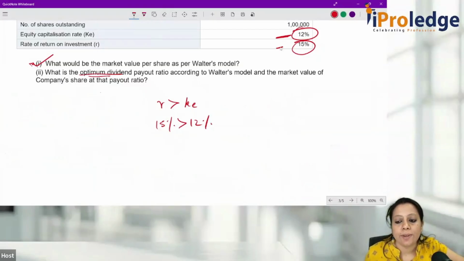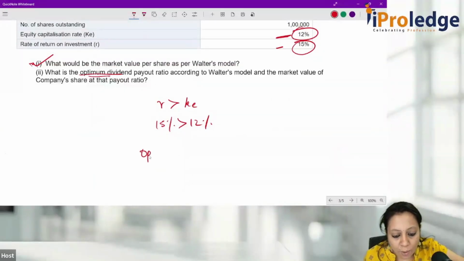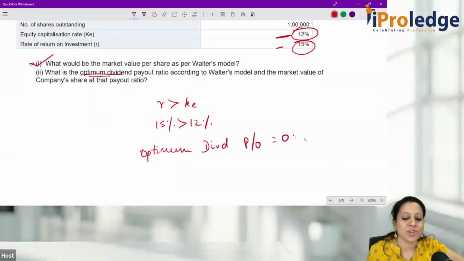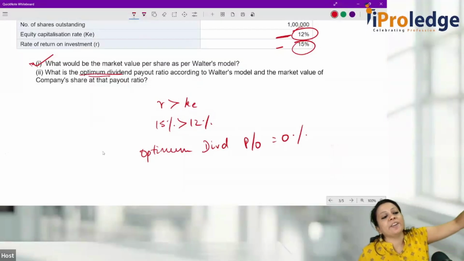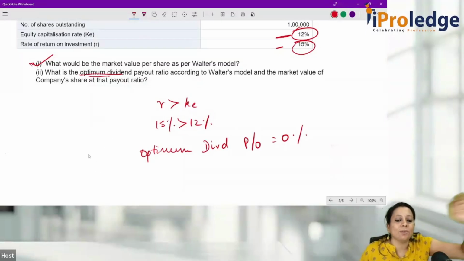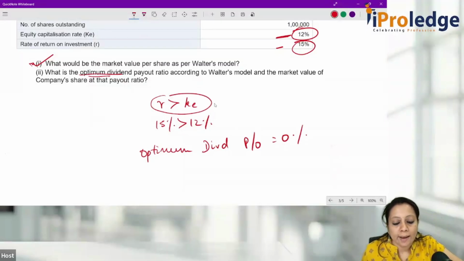So when I compare these two, I'm getting R is greater than KE. That means the optimum dividend payout is going to be 0 percentage. Very simple. R is what? IRR. So it is better to retain inside the company, because inside the company it will grow at 15 percentage. Outside it is growing at 12 percentage. So whenever R is greater than KE, internally it is better. So keep everything inside. Don't distribute any dividend.